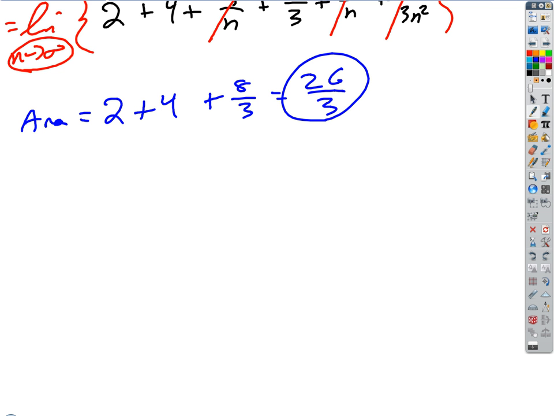So if we wanted to, all it does is it says, I might just show you the trick.